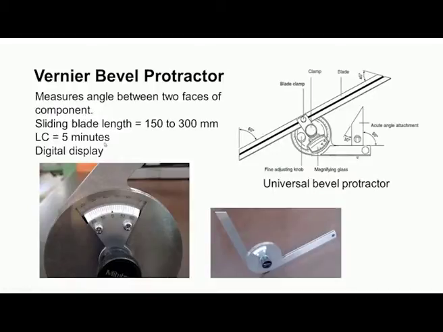There will be one blade which is fixed to the body. You can see here, this is the body to which the circular scale is fixed, as well as the vernier. There is another blade which is slidable, which moves. The sliding blade length varies from 150 to 300 millimeter. The least count of the vernier bevel protractor is normally 5 minutes.